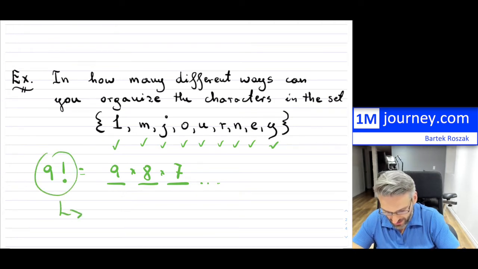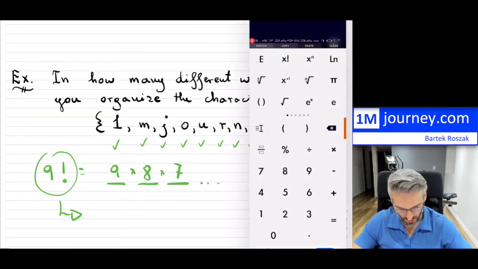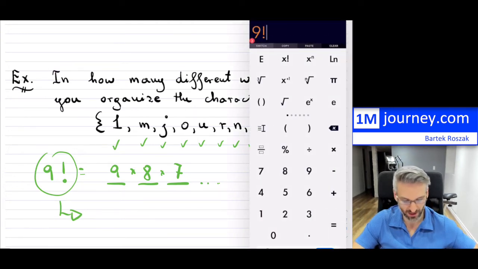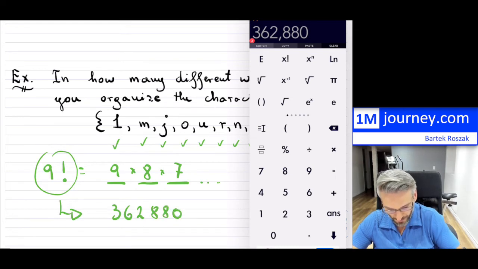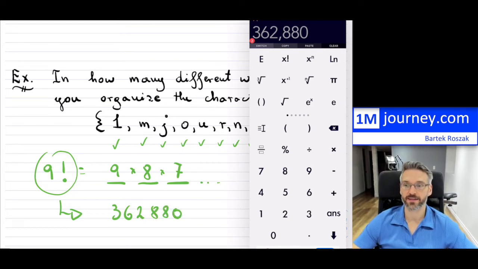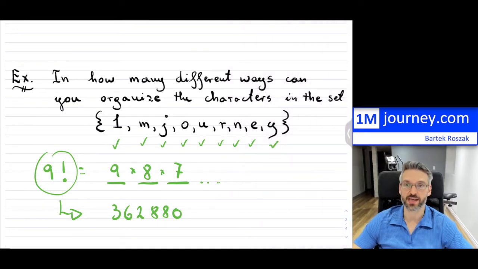They will not necessarily give the number, because they understand what 9 factorial means in mathematics, statistics, and probability. If you wanted to know exactly what it was, sure, we can punch it in or do the multiplication, and you'll notice we can order this in quite many ways. So that's another example that you could see.